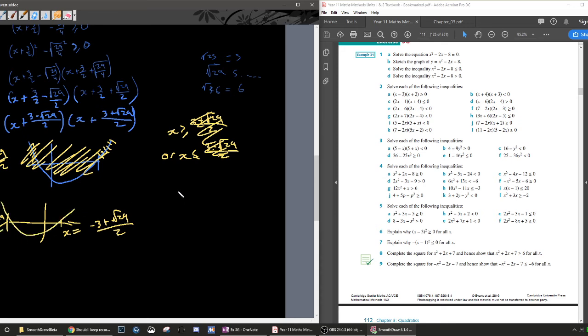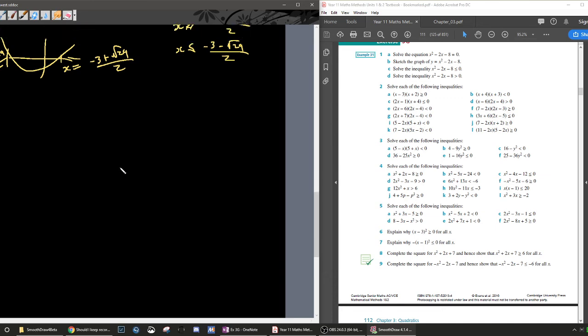There we go, that's better. x needs to be greater than or equal to negative 3 plus root 29 on 2, x less than or equal to negative 3 minus root 29 on 2. That's what happens when you skip steps. I just took that and I was reading off it, being lazy.